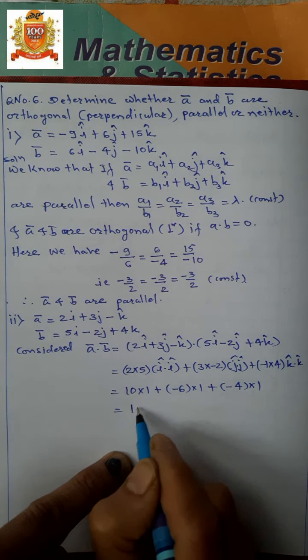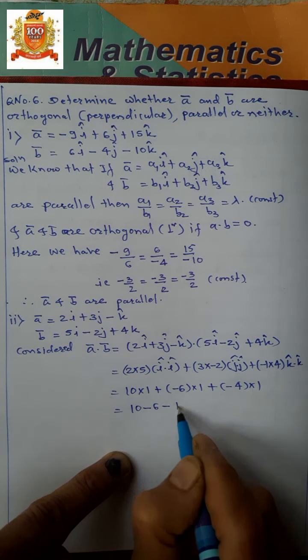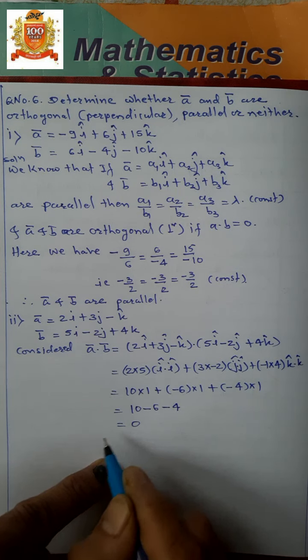That is equal to 10 minus 6 minus 4, which is equal to 0.